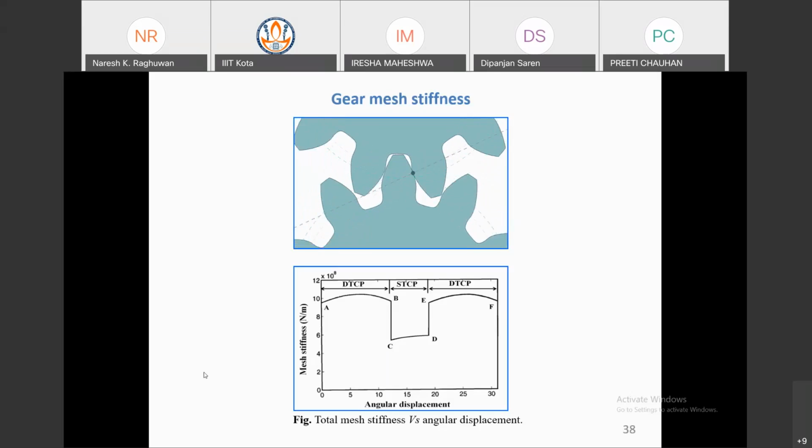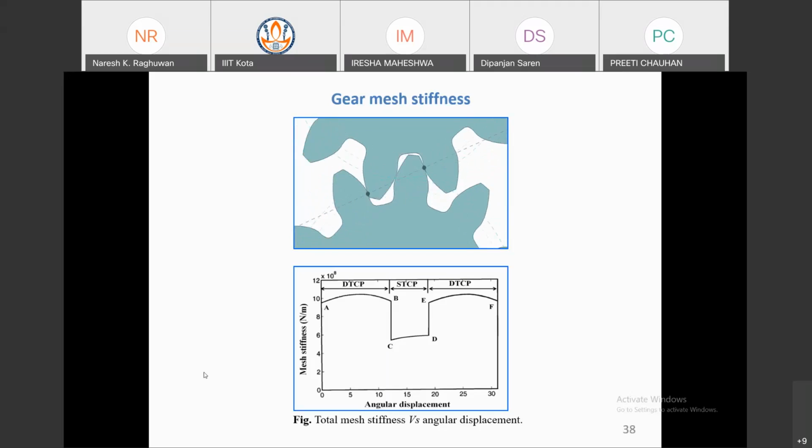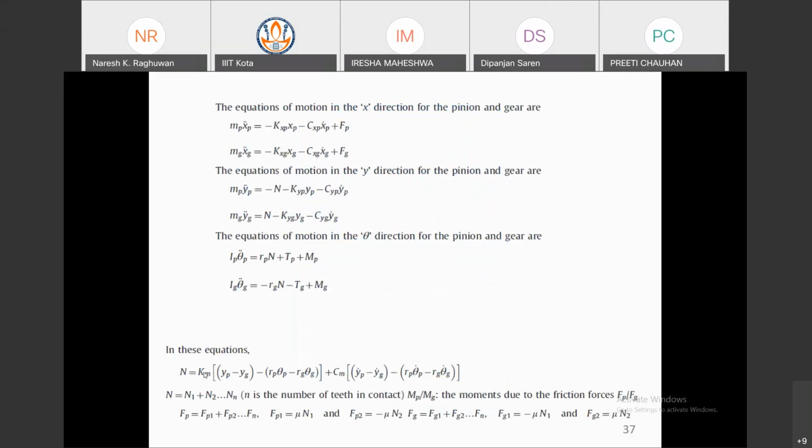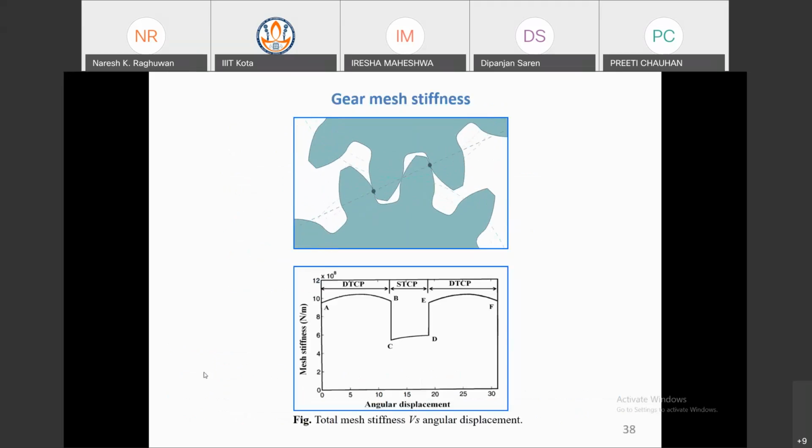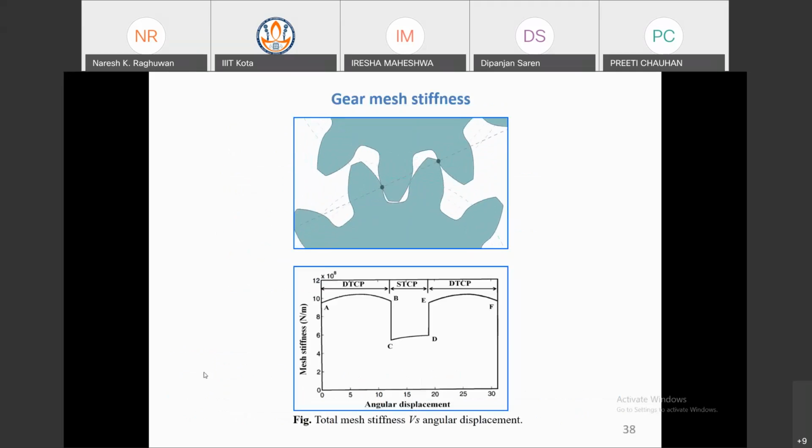That means in healthy gears, the gearbox is vibrating because the stiffness is changing, and stiffness is involved in the differential equation. So if the mesh stiffness changes, the vibration signals will change. The vibration signal is very much dependent on that mesh stiffness.